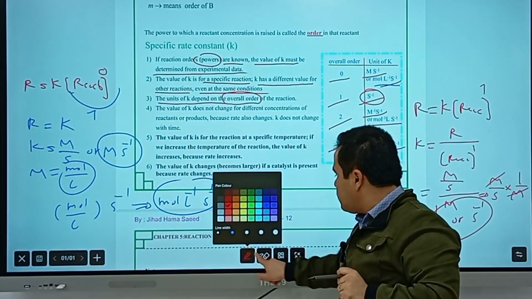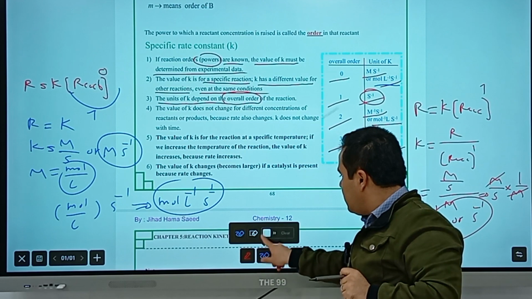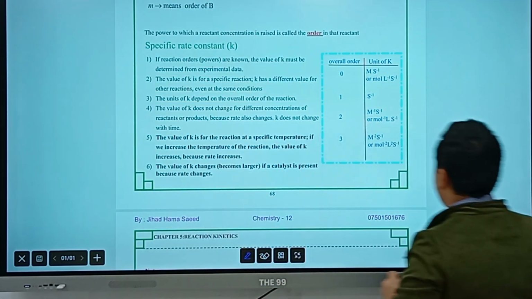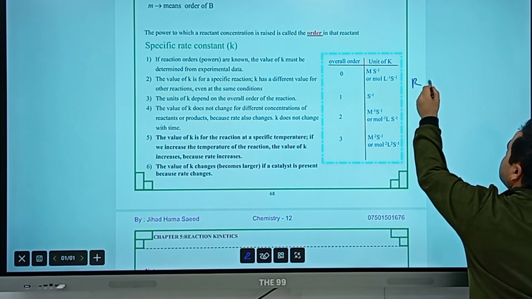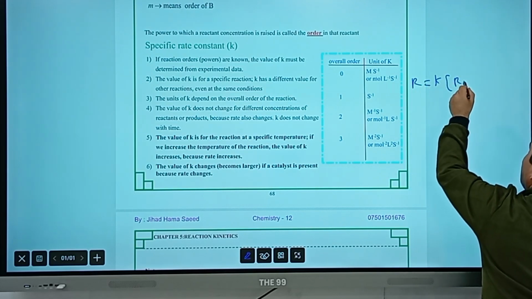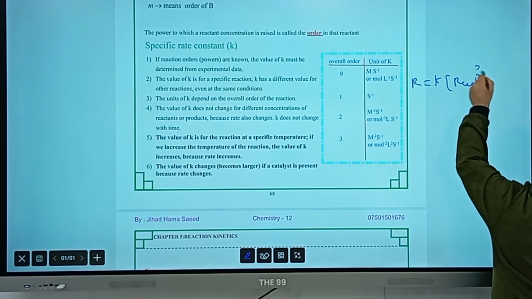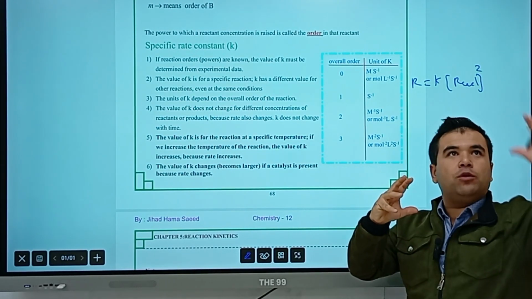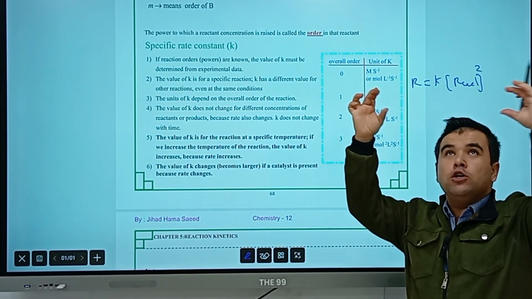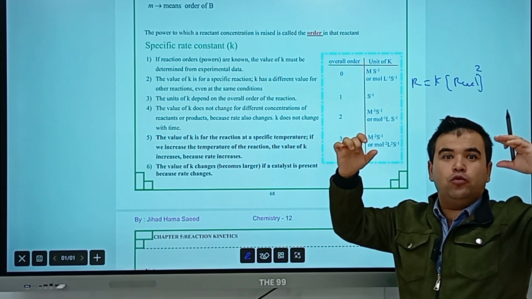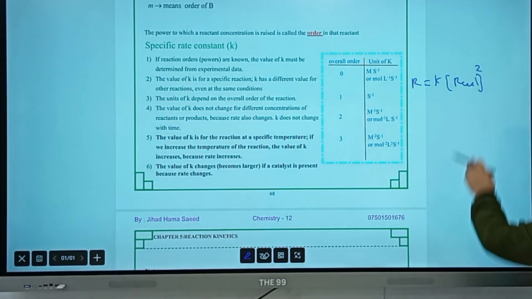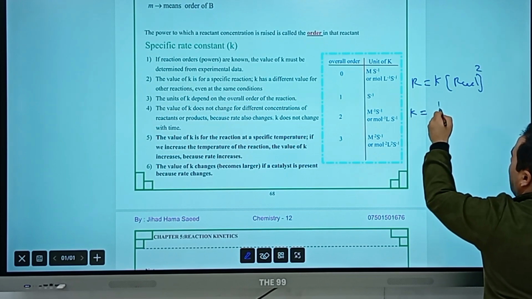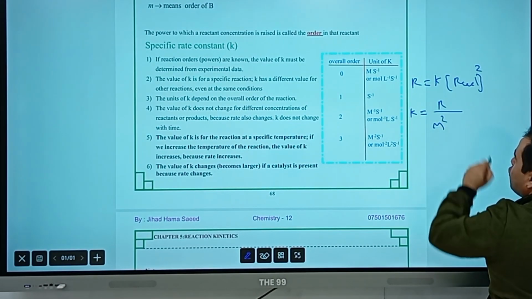Let me do the same process for when the overall order is 2. R is equal to K reactant concentration to the power of 2. Guys, this can be 2 reactants, A to the power of 1, B to the power of 1. So the overall order will be 2. We mean that, but I have combined them in order to show you how the unit comes. K is equal to R over molarity square.